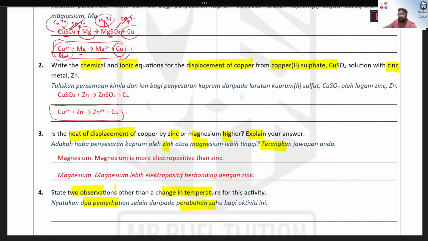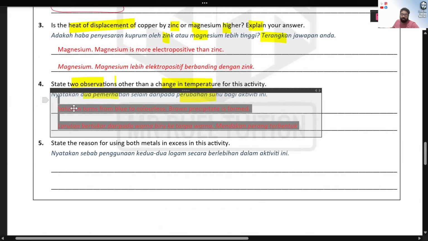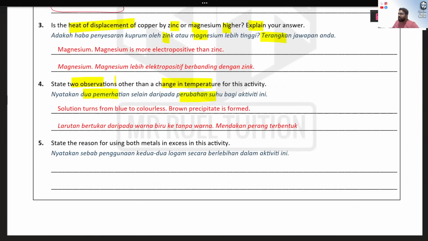What's the color of copper metal? Brown. So we can say brown solid is formed. Okay, so the solution turns from blue to colorless, brown precipitate is formed. Right?